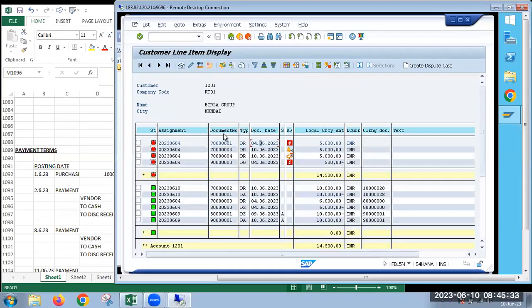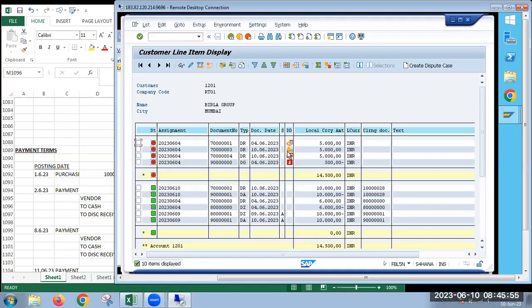If we refresh the report, what should the icon be? You can see that it's not due. Even though the transaction is on the 4th, it's still not due.